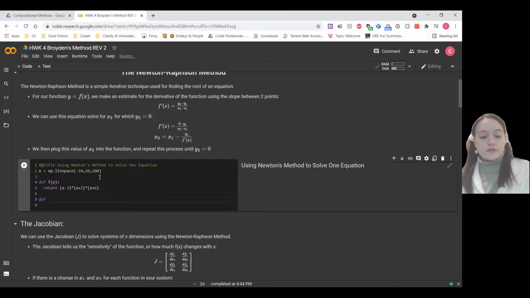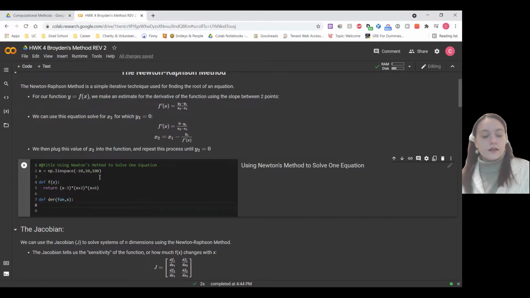Find the derivative of this function. Our values of x, using our f prime of x equals the slope, and we'll also need a dx.